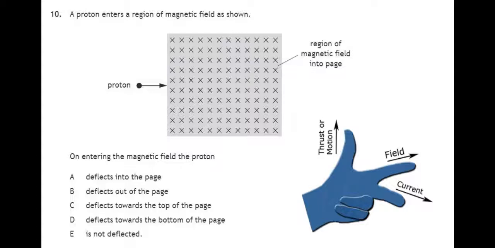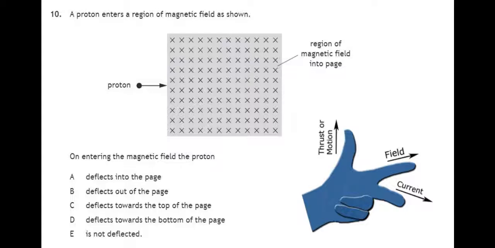And you can see there, if I take my left hand and hold my first finger at right angles to my second finger, which in turn is at right angles to my thumb, then I can work this out. So first finger field, my index finger points into the screen. Second finger current, that is the movement of the proton as it enters the magnetic field, which in this case is from left to right.